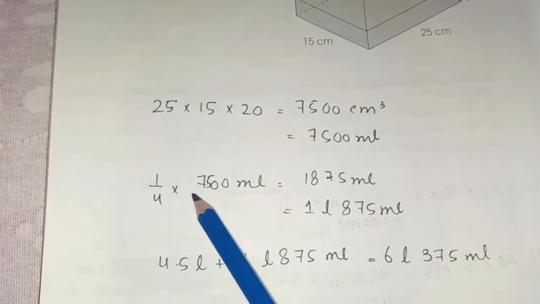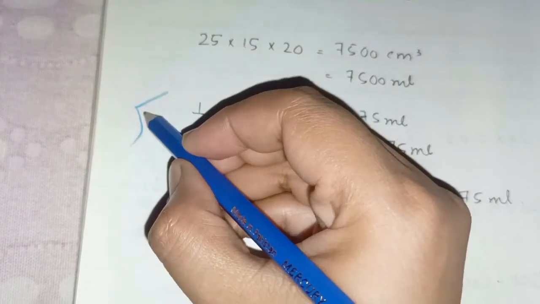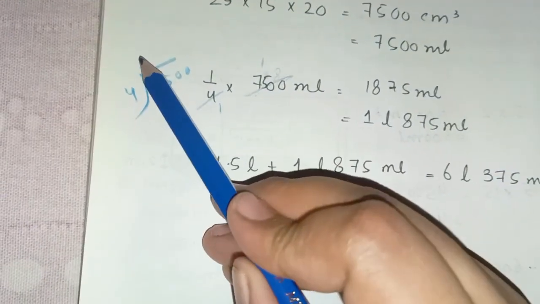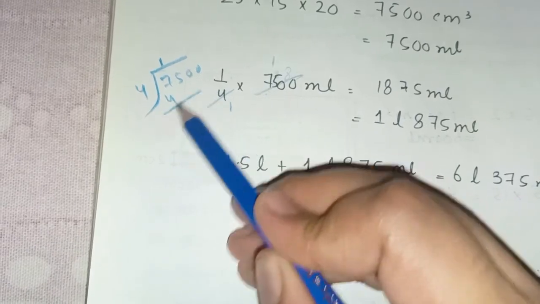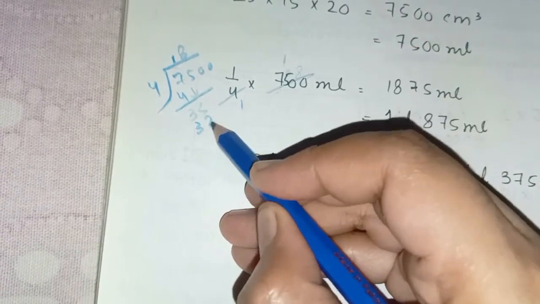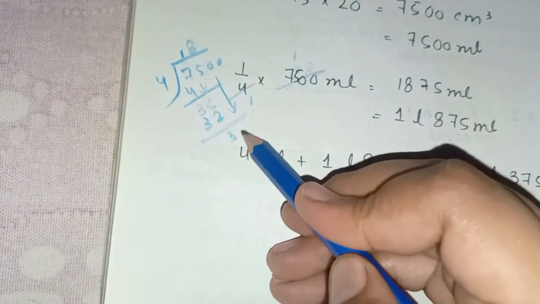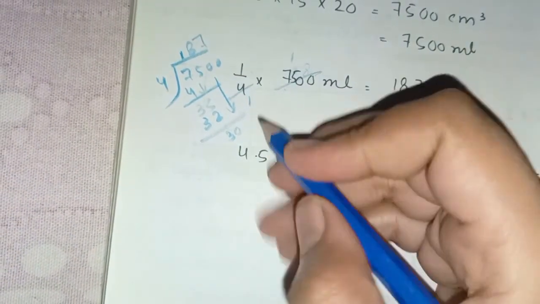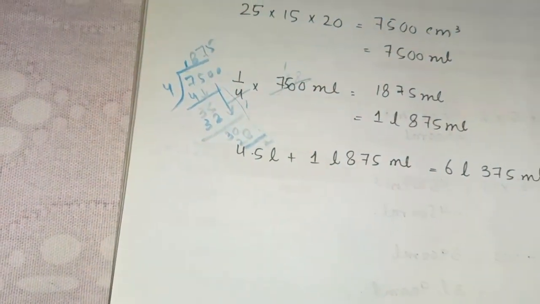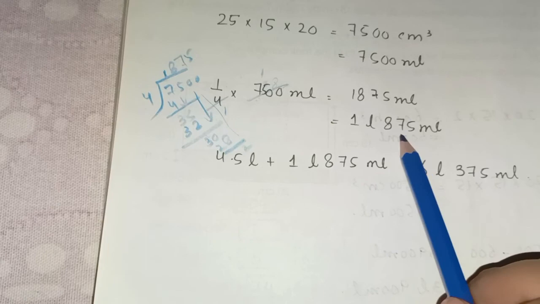Then let's divide this 7500 by 4. 4 ones are 4, remaining 3 and 5. 4 eights are 32. Then we have the remaining 0, 3 and 0. 4 sevens are 28, 2 and 0, 4 fives are 20. So we have 1875, that is 1 liter 875 milliliter.